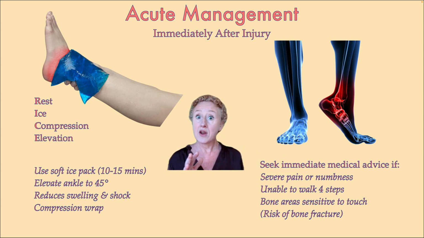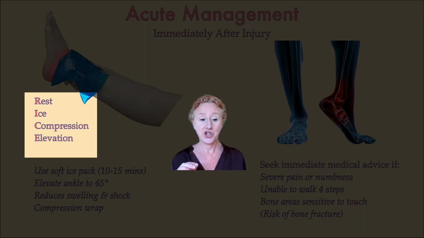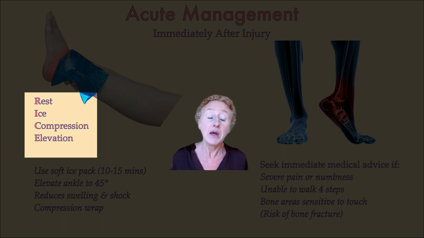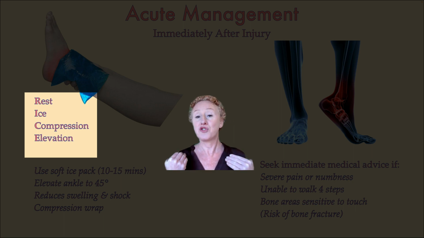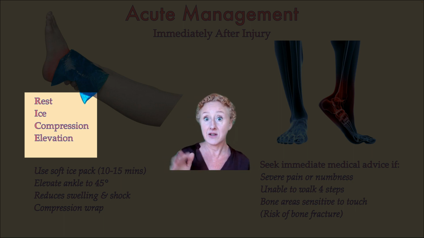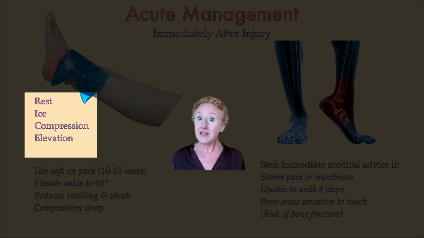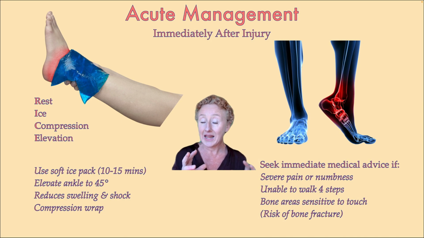We typically go straight for that RICE procedure, RICE. That stands for rest. Doesn't mean lie down and have a nap, but it means get off it. Stop weight bearing on that ankle. Ice, we really want to get some ice on it relatively quickly.